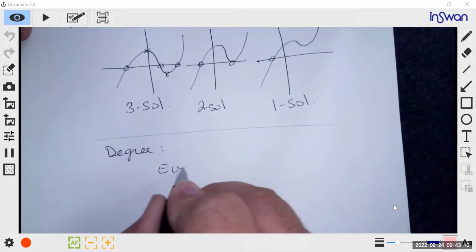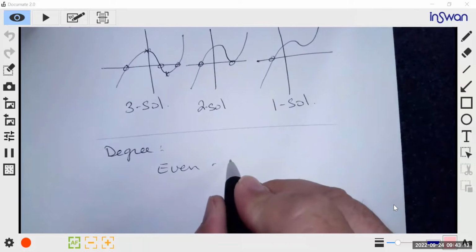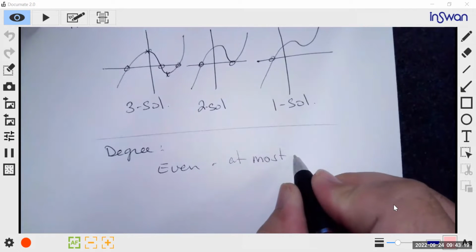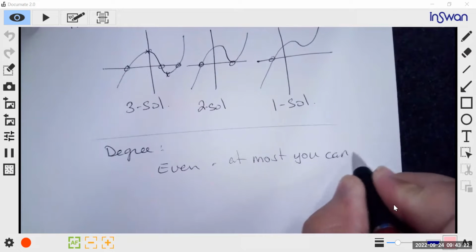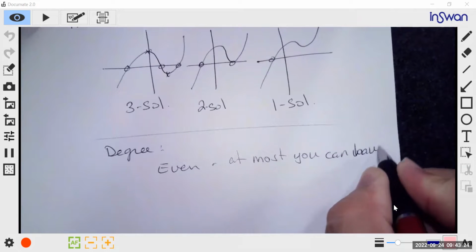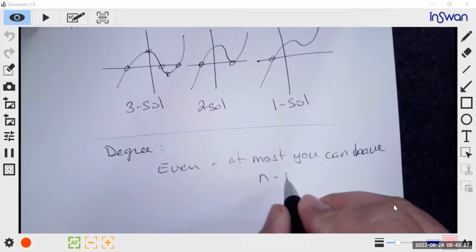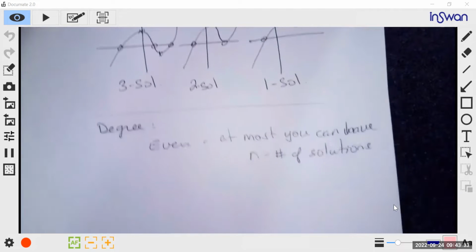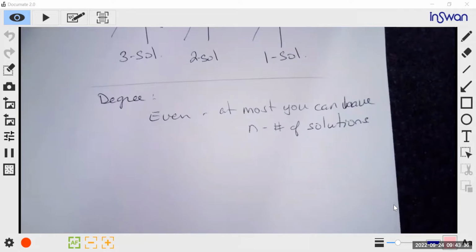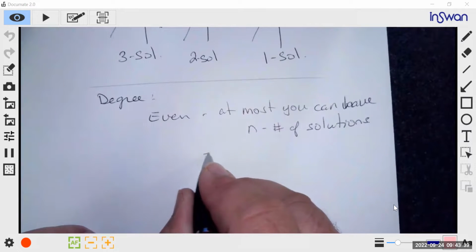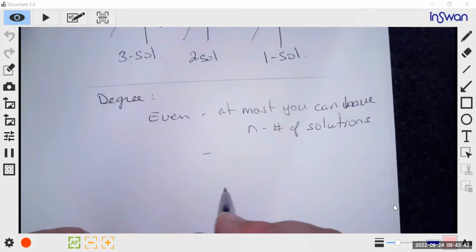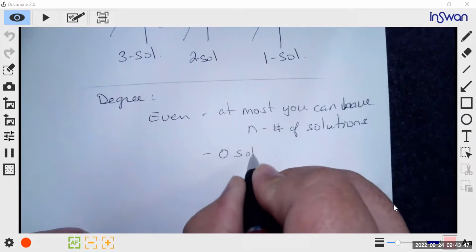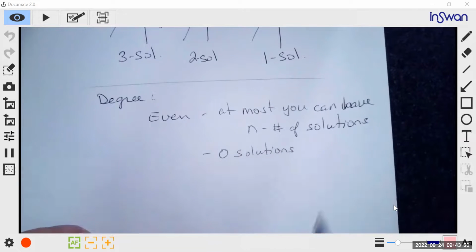If the degree is even, at most, you can have n number of solutions, or you can go down to 0 solutions.